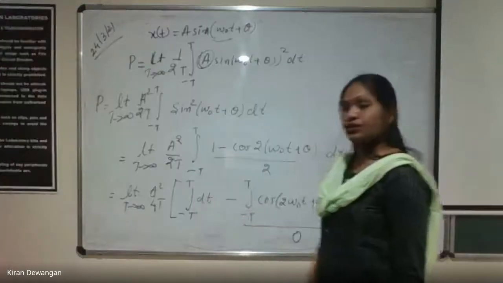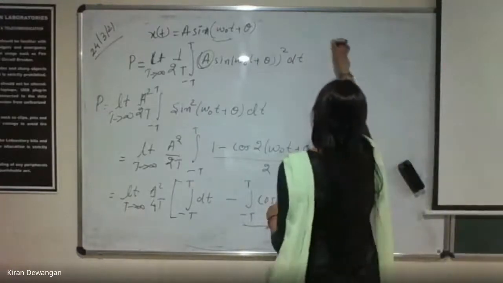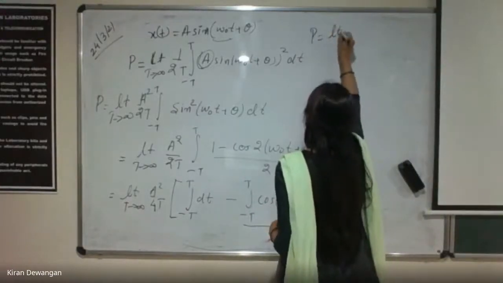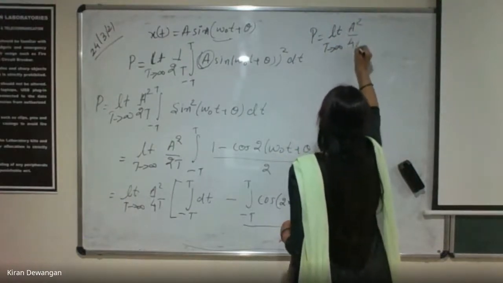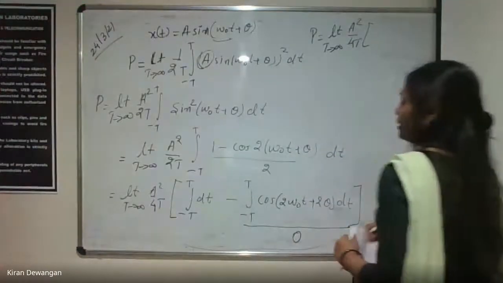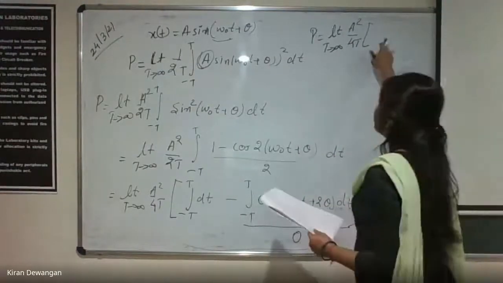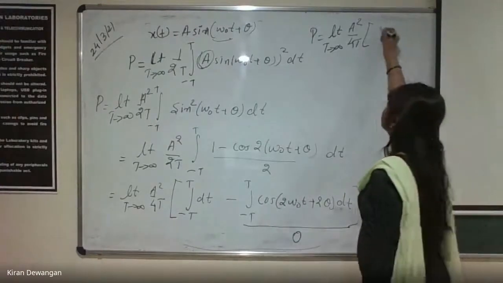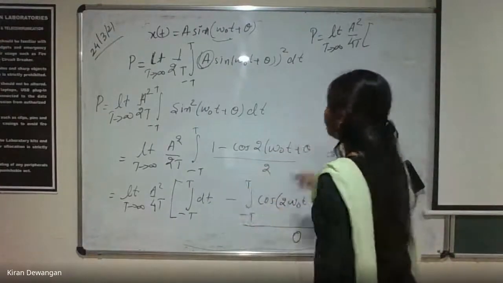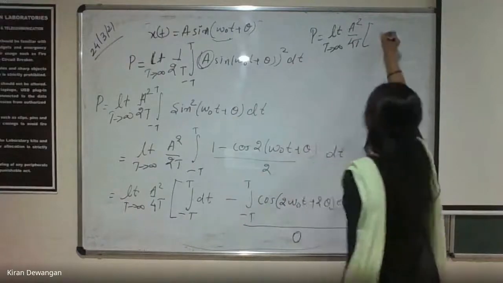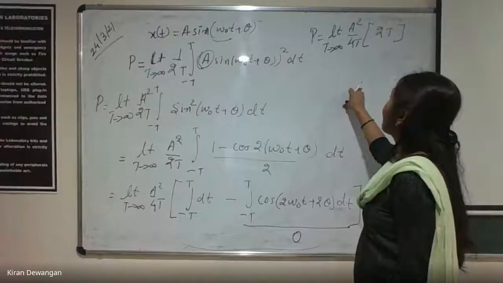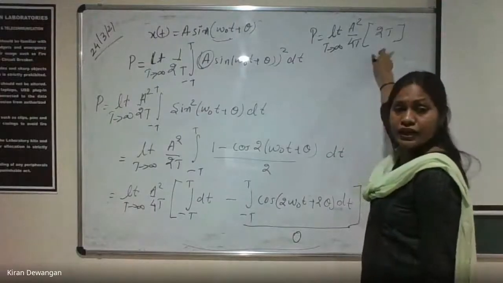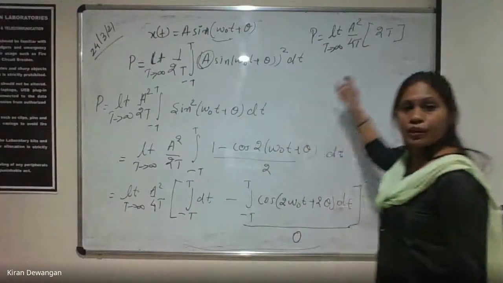And what is the integration of the other term? How much will it come to? Power equals limit T tends to infinity A squared by 4T, and inside it will be T minus (minus T), so that will be 2T.